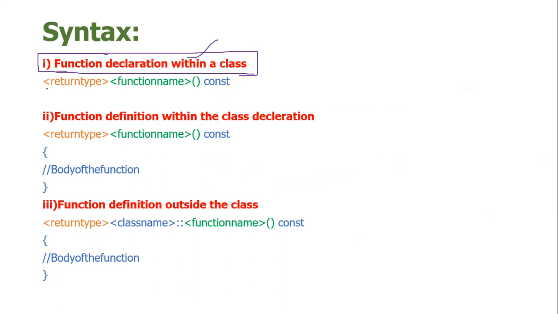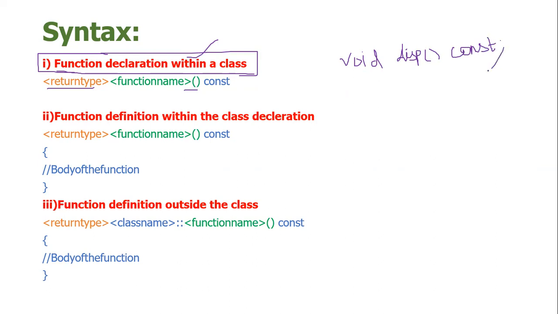It should have a return type, any valid data type like void or float. Next the function name, here I am using display, followed by open and close parenthesis, followed by the keyword const. This is the function declaration.